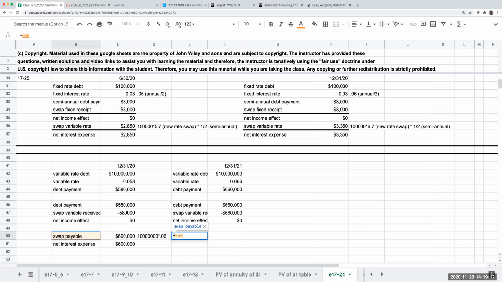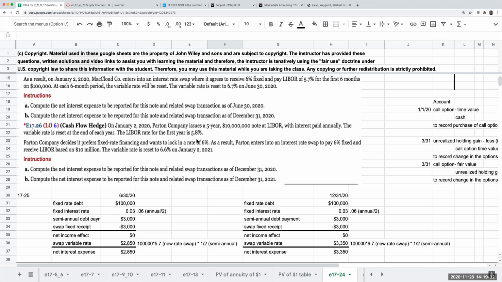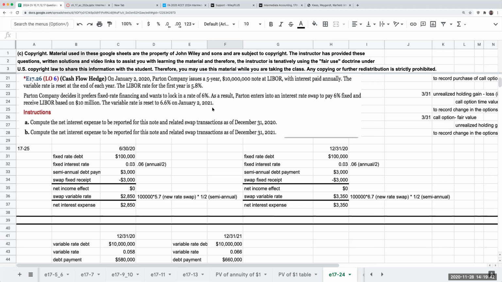My swap payable, meaning I'm having to pay the fixed amount, is still going to remain at 600,000. And that's how we're getting to this value right over here. I don't pay more because I agreed to do this at 6% at the very beginning. If LIBOR goes up, I don't have to pay that.